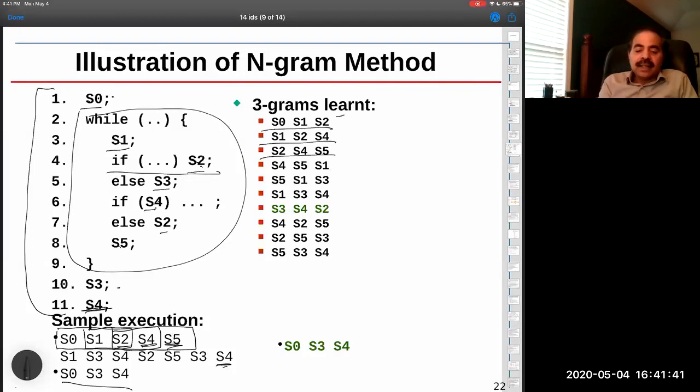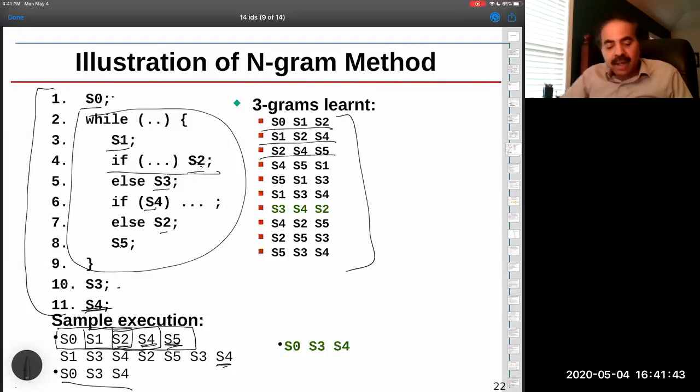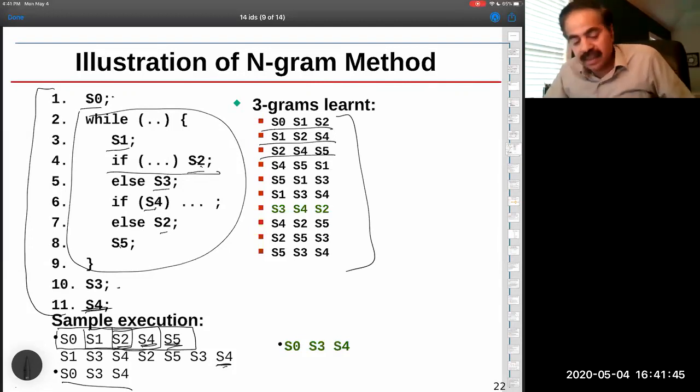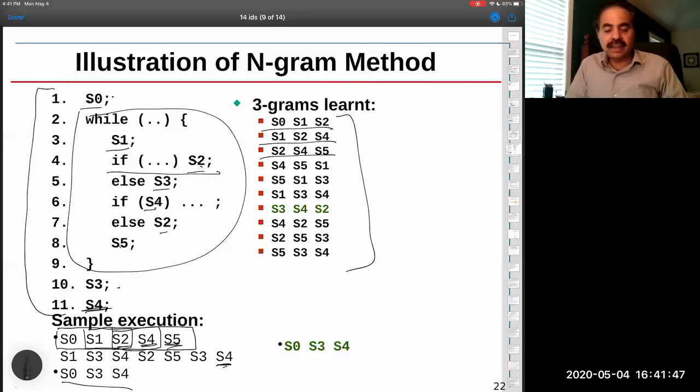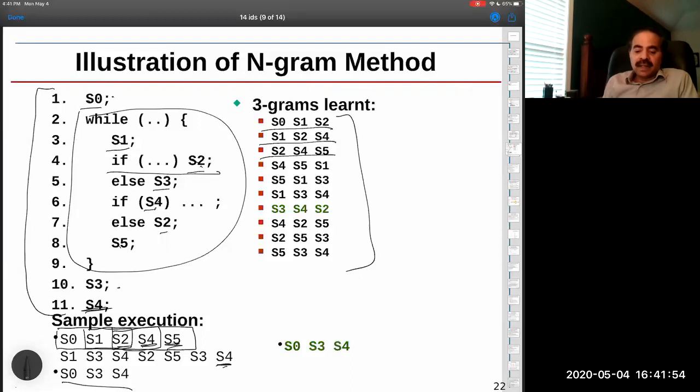You can tabulate all of these 3-grams and then say, under normal conditions, I should see one of these 3-grams. This is how you learn normal behavior of the program. So that's one technique.